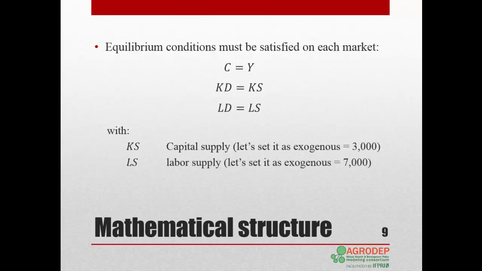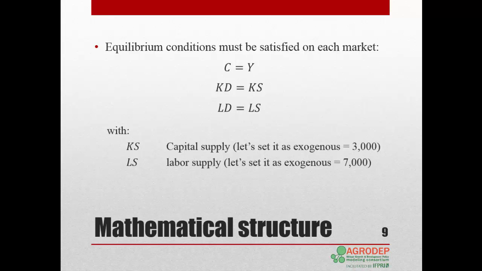We assume each market to be in equilibrium, meaning demand must equal supply in the commodity and factor markets. So consumption equals output, capital demand equals capital supply, labor demand equals labor supply. We assume that the supply of capital is 3,000 units and the supply of labor is 7,000 units.